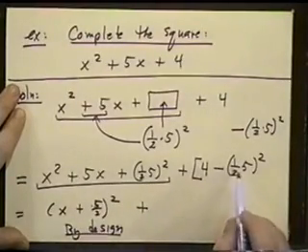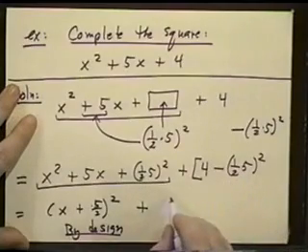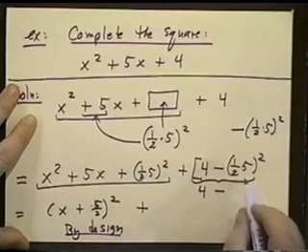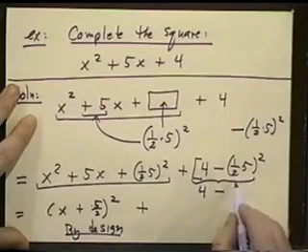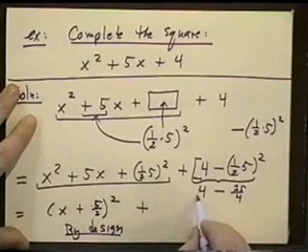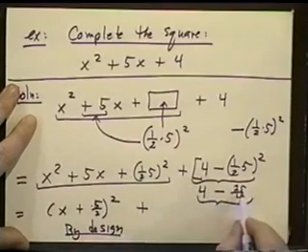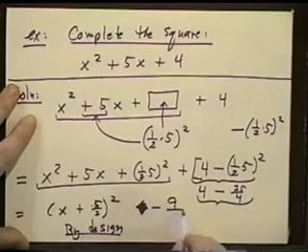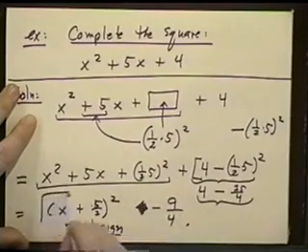So let's just look at this and say to ourselves, what is this? Do a little scratch work here. This is 4 minus, let's see, (5 over 2) squared. That's 25 over 4. And 4 is 16/4. So 16/4 minus 25/4. So this, in fact, can be rewritten as minus 9/4.